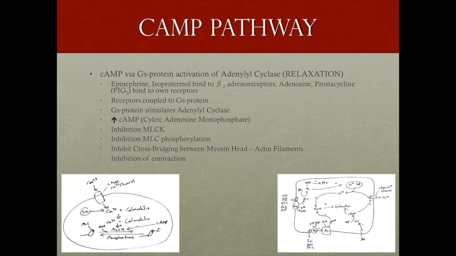This increases cyclic AMP, which inhibits myosin light chain kinase, thus inhibiting myosin light chain phosphorylation, thus inhibiting cross-bridging between myosin heads and the actin filaments. In this way, contraction is inhibited and muscle relaxation is brought about.